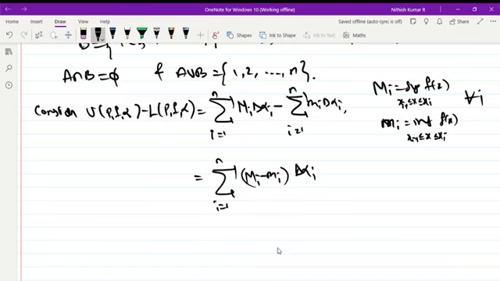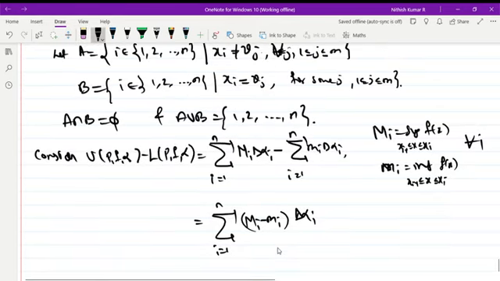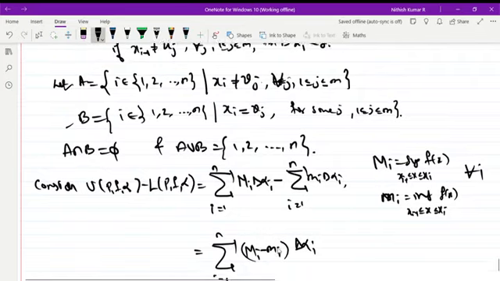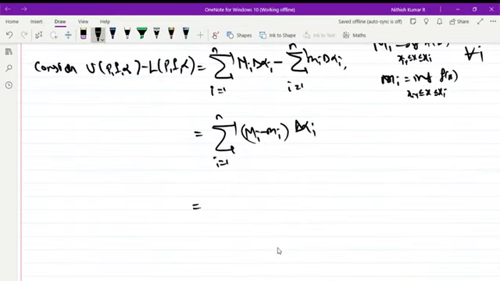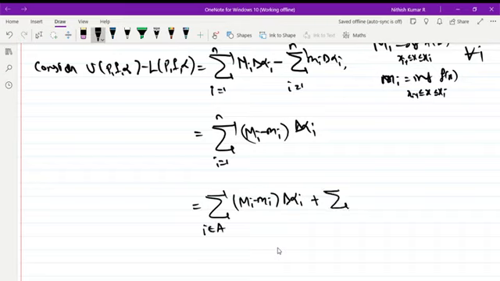Using the sets A and B, we rewrite the summation as the summation of capital Mi minus small mi into delta alpha i, where i varies over the set A, plus the summation of capital Mi minus small mi into delta alpha i, where i varies over the set B. Let's take this as expression star.